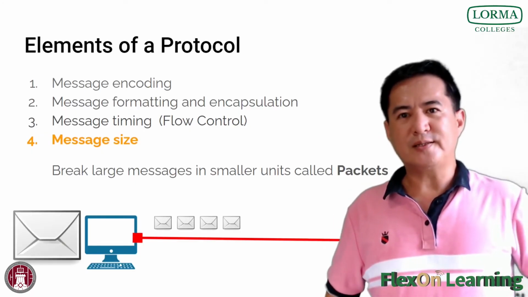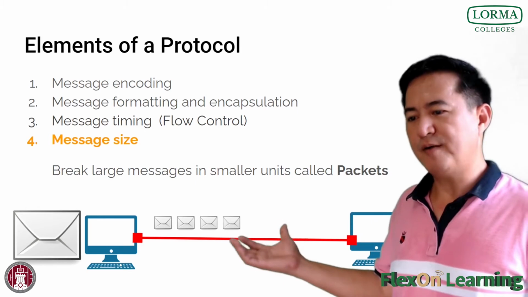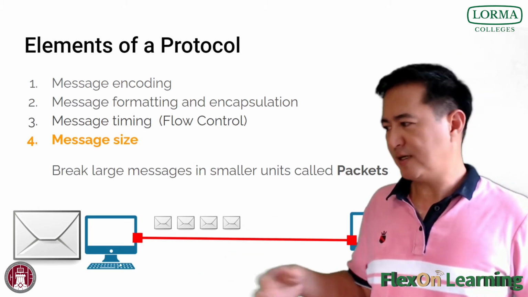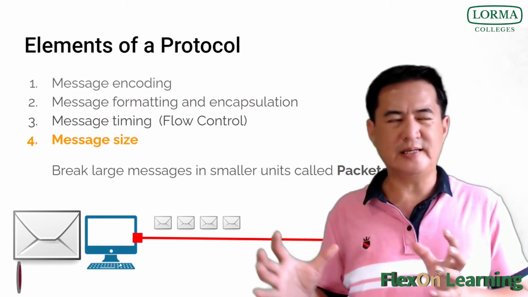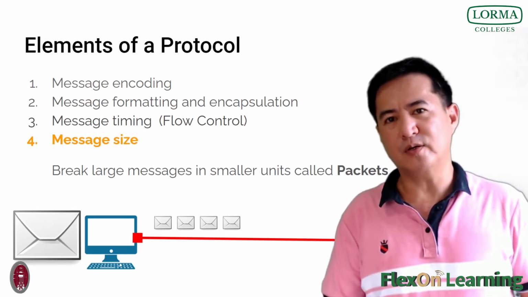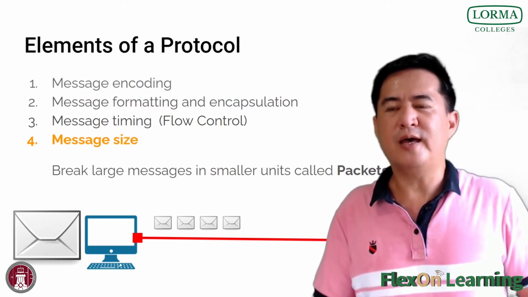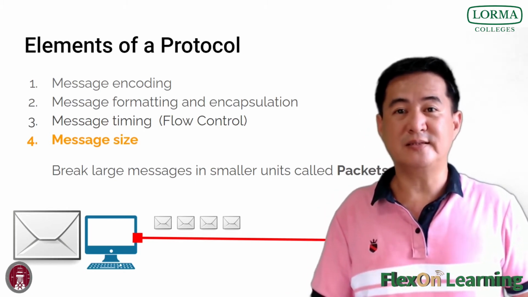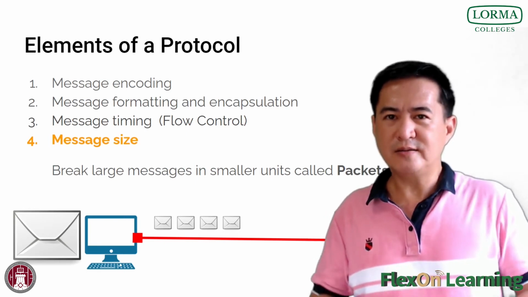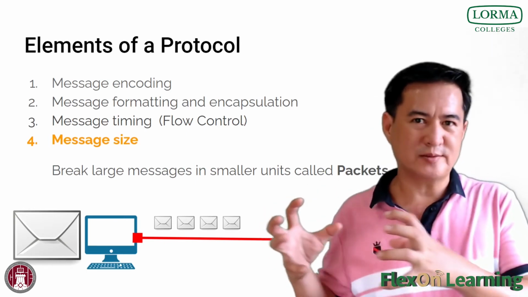The fourth one is size. If you have a very big package, a very big message, let's say a full length movie, which probably could have a size of 1.7 gig, that particular movie cannot be transported all at once. Very big.